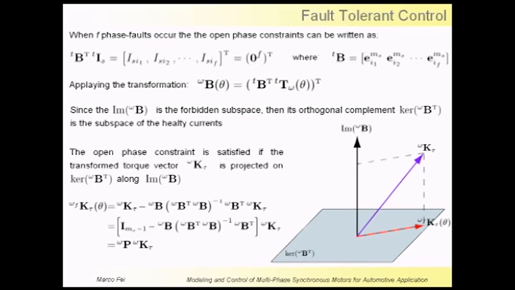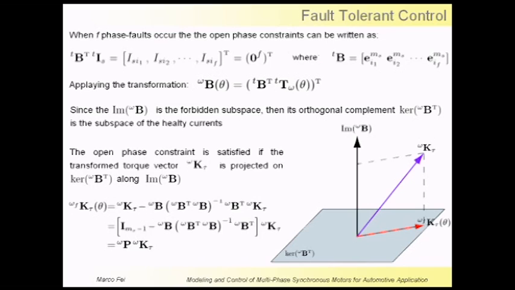Note that the standard basis vector of the matrix TB selects from the current vector the faulty component and puts it equal to 0. This constraint can be rewritten in the transformed rotating reference frame in this way, and the column of this matrix represents the forbidden subspace, shown here as a black arrow.